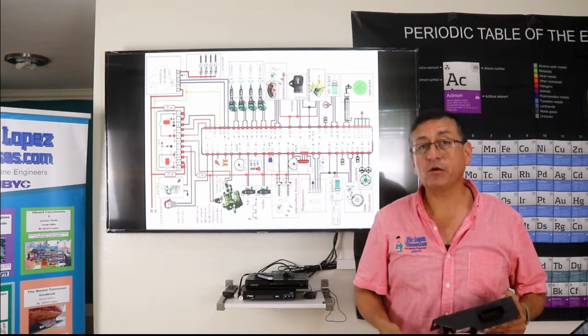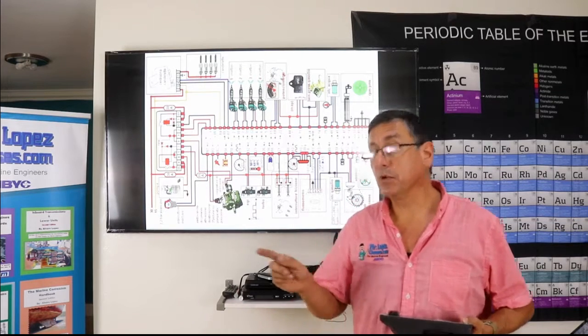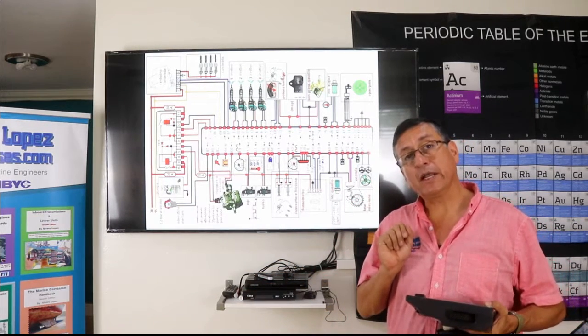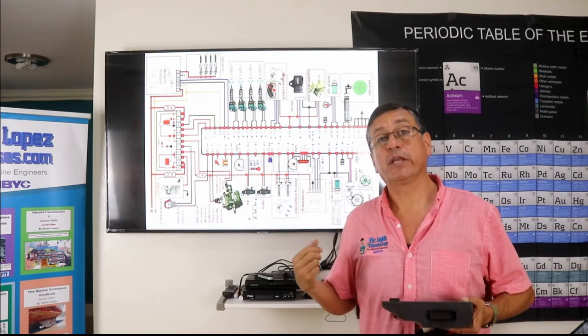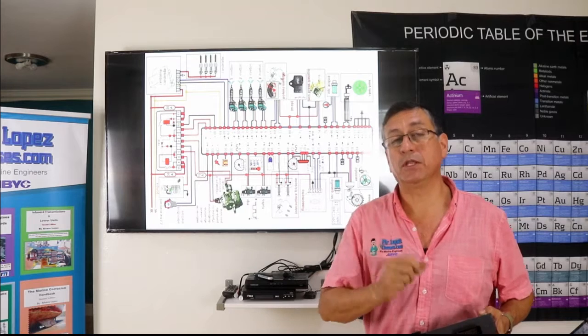For that reason, I recommend that you prepare cables like this in order to connect the plug on the computer or the plug on the harness and connect your multimeter.